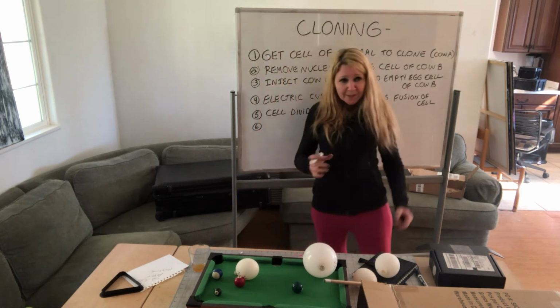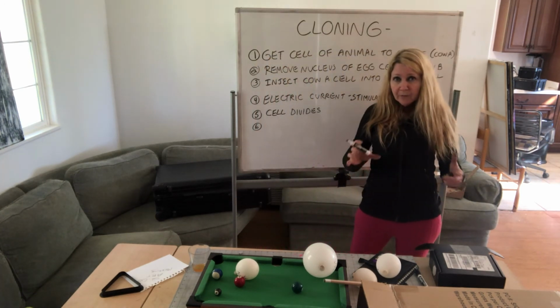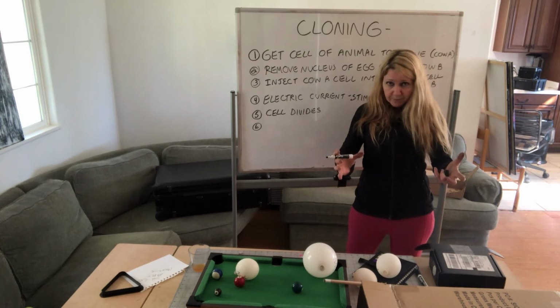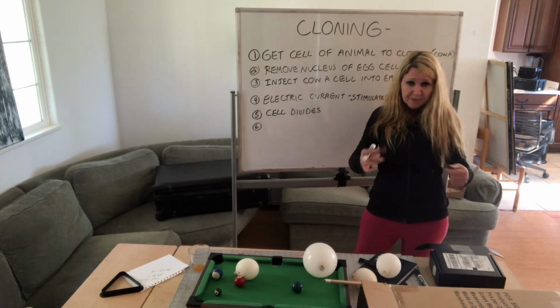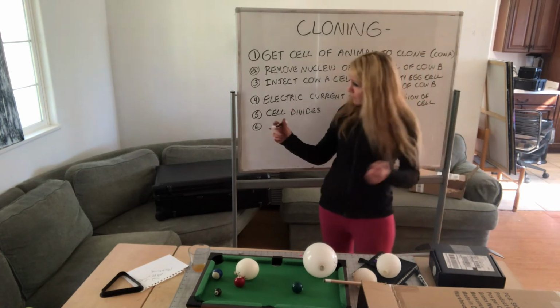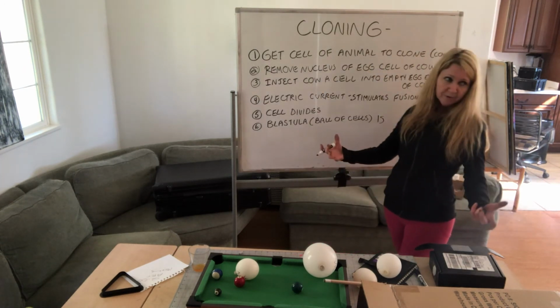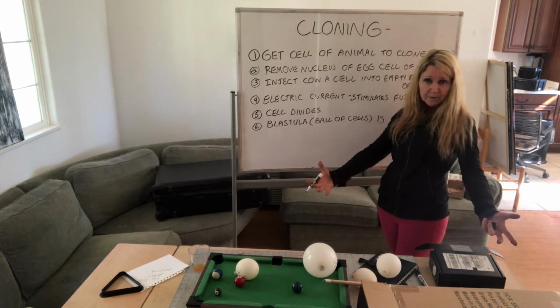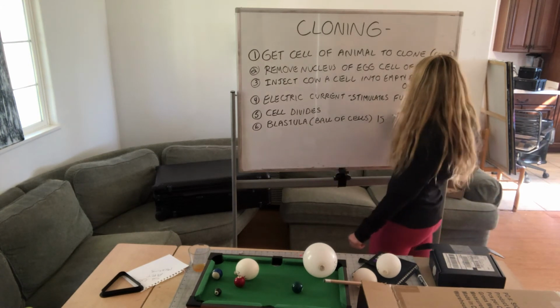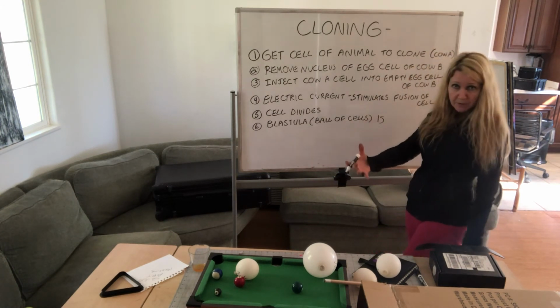A few days later, you have a ball of cells called a blastula, and then it is implanted into the donor. The donor is the female that's going to carry the baby, or the surrogate mother is going to carry the baby.